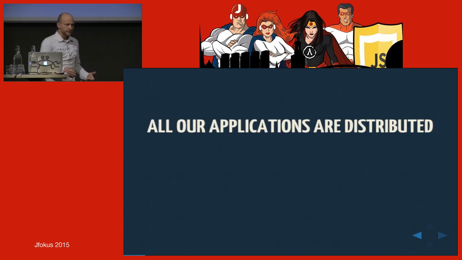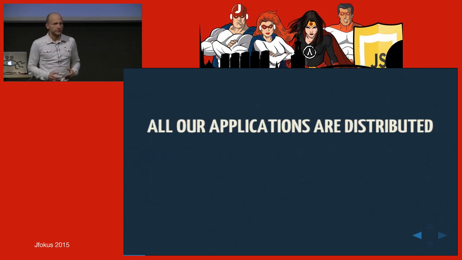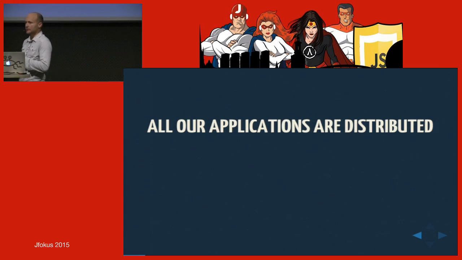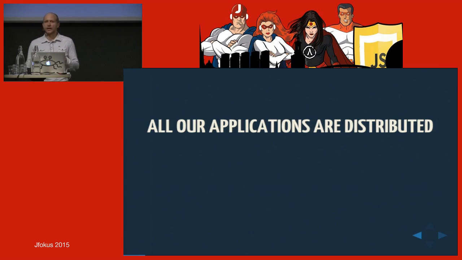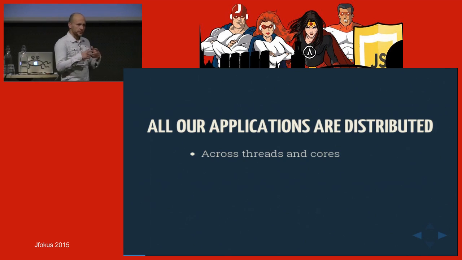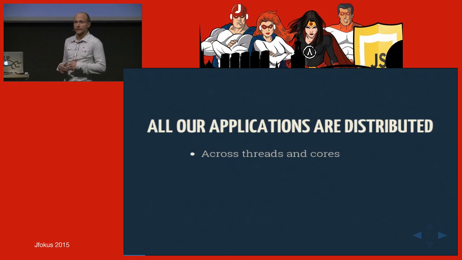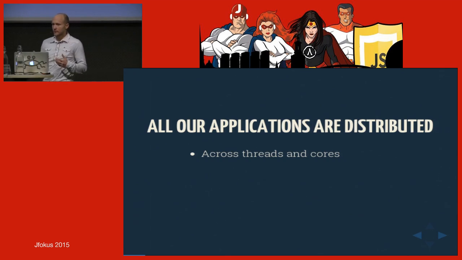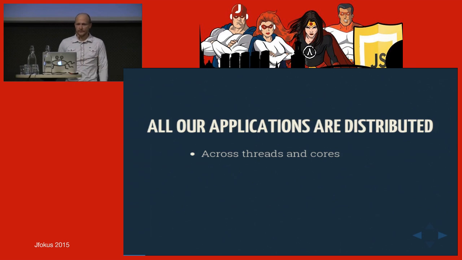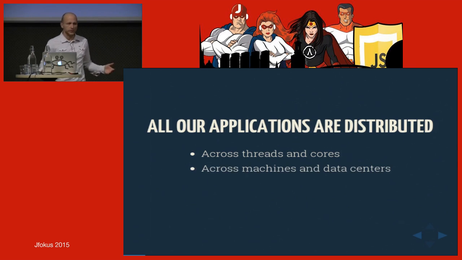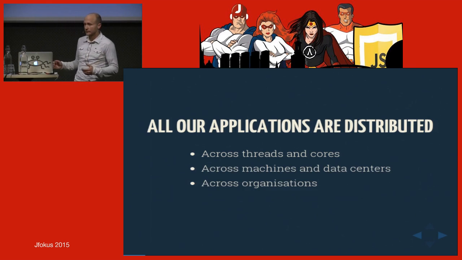And ultimately, all our applications are distributed. Whether we want it or not, there is not a single application that you can basically write today that is not in some way distributed. And I'm thinking about concurrency in that sense also as a type of distribution, because it's distributed across threads and cores. That's the most fine-grained type of distribution. But of course, we're also distributed across machines and data centers, across organizations.